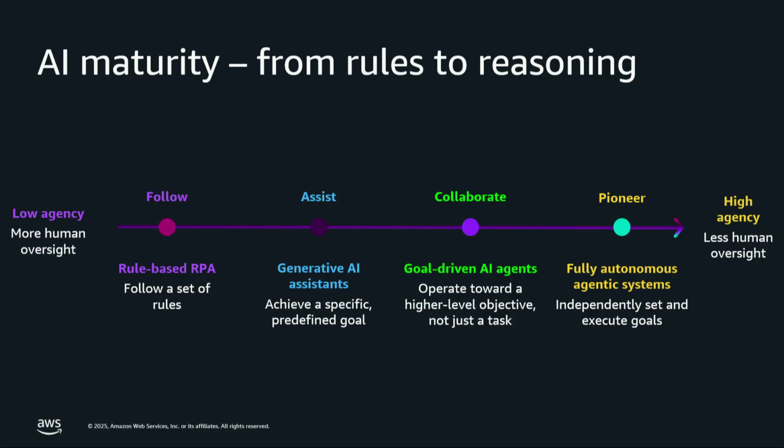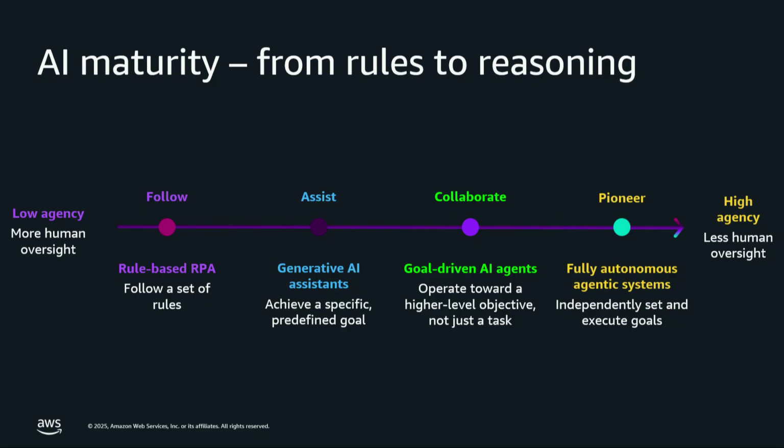But now with agents, as I highlighted, they can really do reasoning, planning, and they can form that collaboration where they can take on an objective more than just a task, fulfill that objective, and return a response to us. And over time, we're going to see fully autonomous agentic systems.